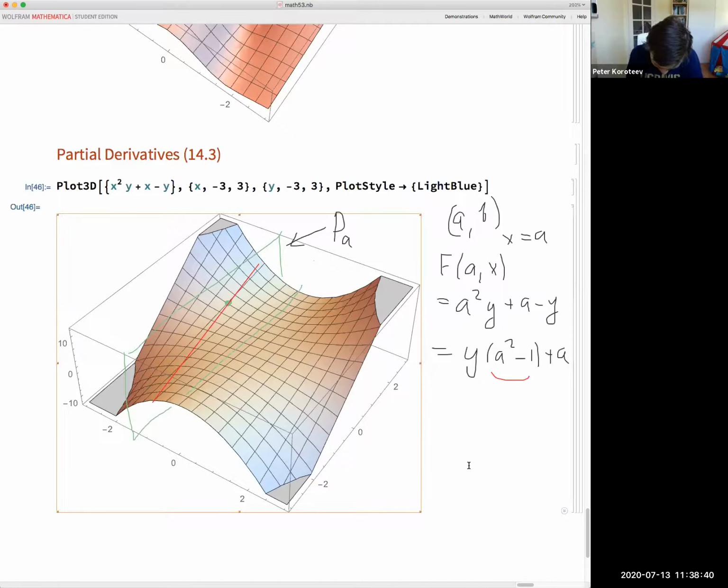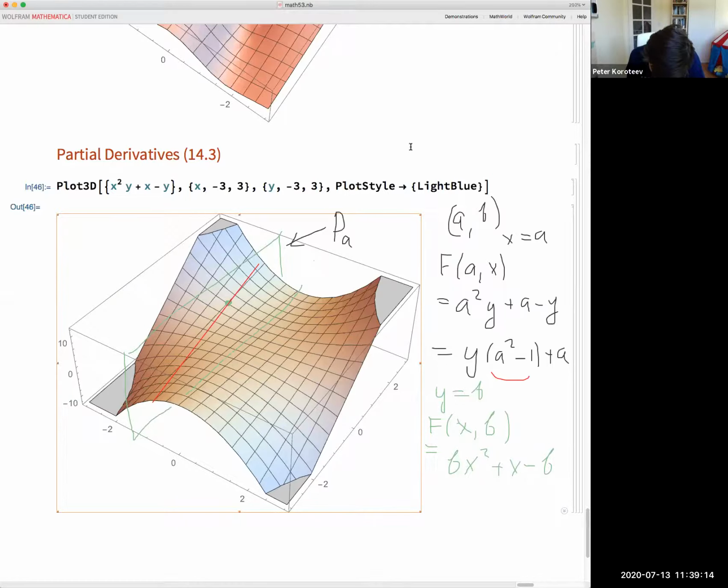So let's write the formula first. Now let's put y equal to b, and then we calculate f of x comma b. This will give us a parabola, right? So it's b x squared plus x minus b, which would look like this.